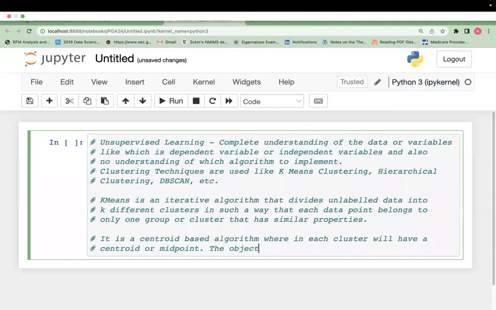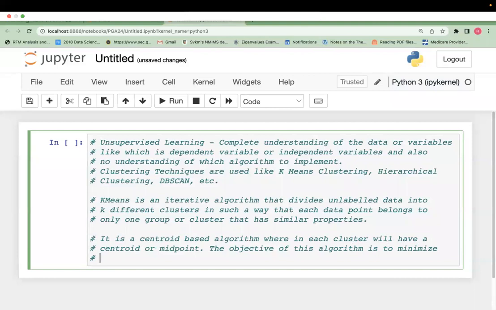The objective of this algorithm is to minimize the sum of distance between data points or observations and corresponding cluster centroids.